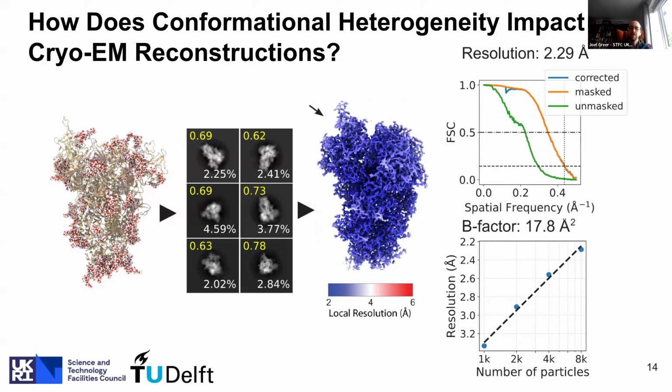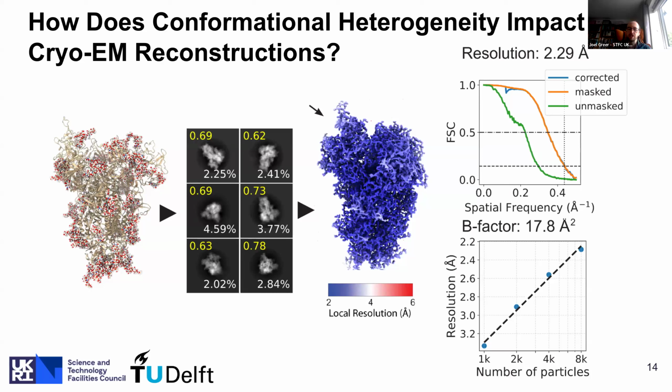We observe from this data set a largely uniform local resolution, unsurprisingly very close to the global resolution, because of our lack of conformational heterogeneity. We see a slight decrease in the local resolution at the borders of our reconstruction. That might be due to small misalignments of particle images during the reconstruction process.